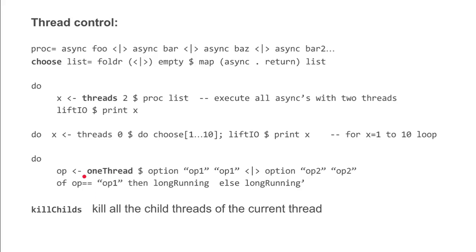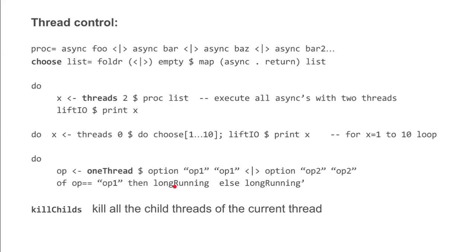So we may end up with a lot of threads running that are not interesting, because maybe these options or this run interpretation can spawn other options that are also waiting for input. So each time the option here is selected, another option will be running, expecting the same value, so we don't need that. To clear this, we use oneThread.